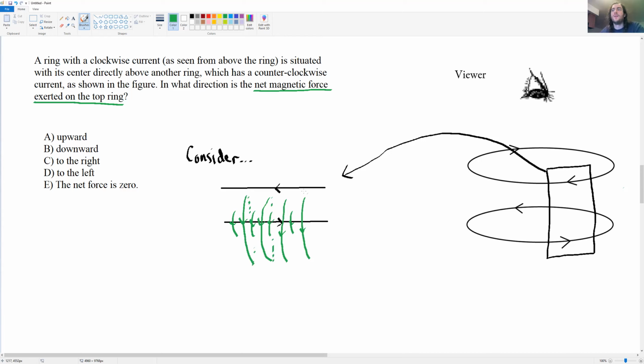And so I think we can all see by the right hand rule there, get your right hand out, put your thumb pointing to the right, the magnetic field, pay careful attention here to the phrasing, the magnetic field due to the bottom wire at the location of the top wire is coming out at us. Okay, so the magnetic field up here is coming out at us.